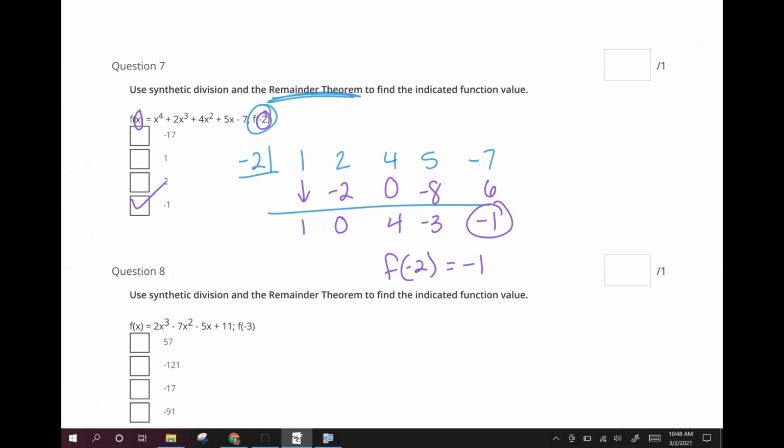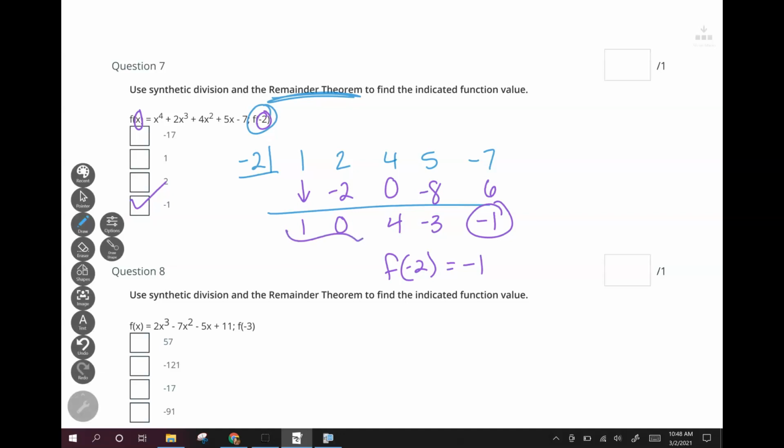Also, just a reminder about synthetic division, these are your new coefficients. So if I wrote out the quotient here that I get when I divide, I'm going to go down by 1 degree. So it's going to be x cubed. And then these are your coefficients. So 1x cubed plus 0x squared, which you don't need to write because it's 0. And you have plus 4x minus 3.